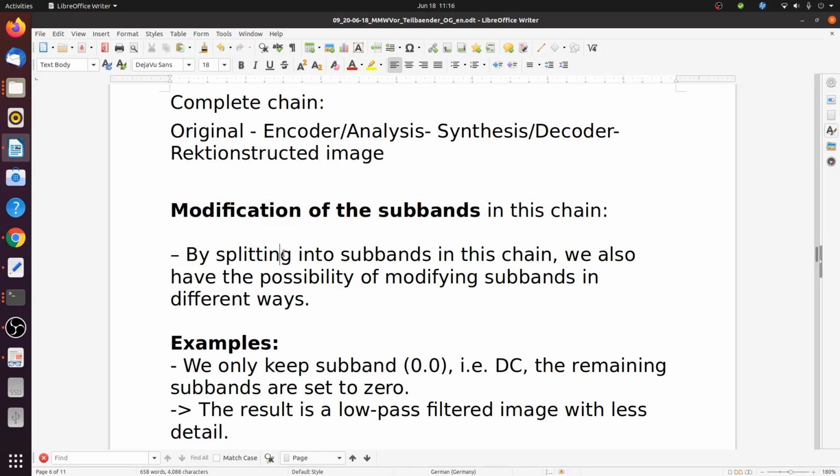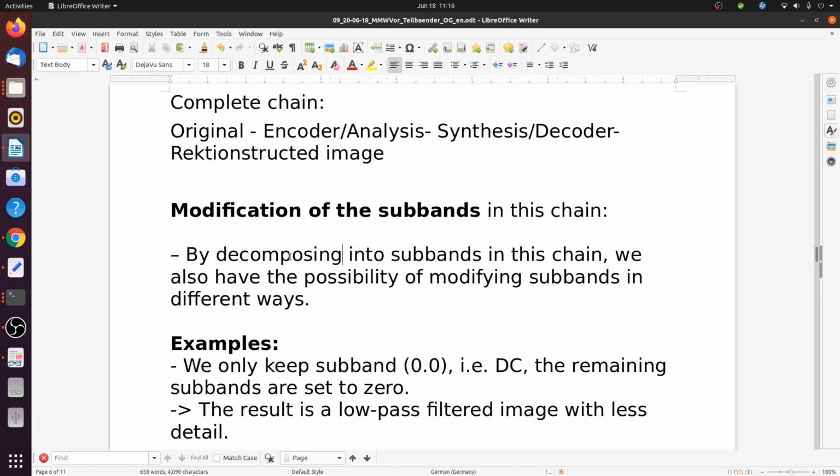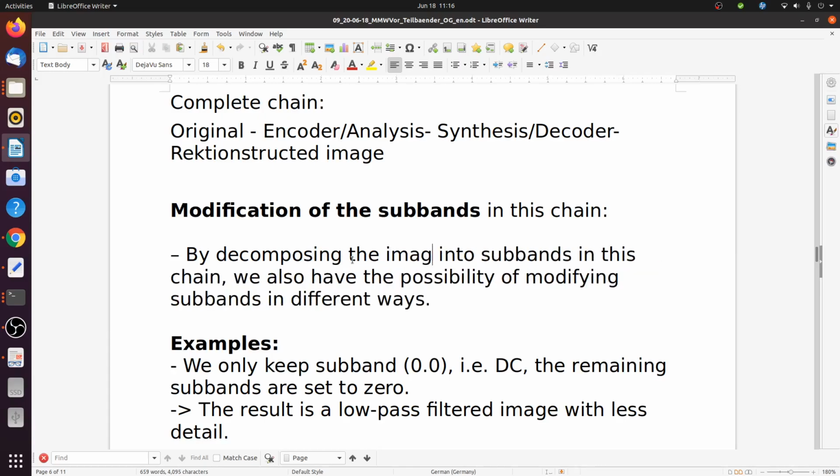So I should call this decomposing the image into subbands in this chain. We also have the possibility of modifying subbands in this chain, right?